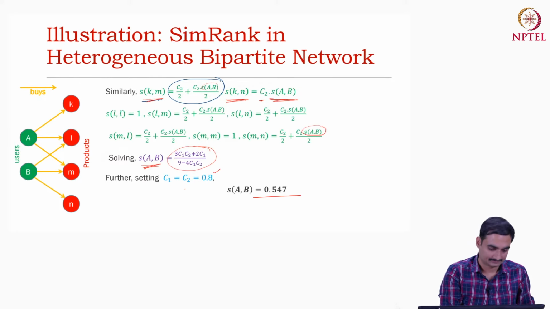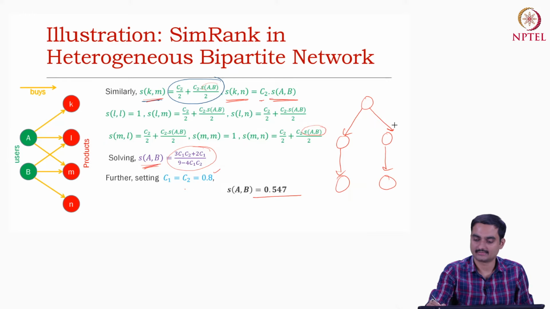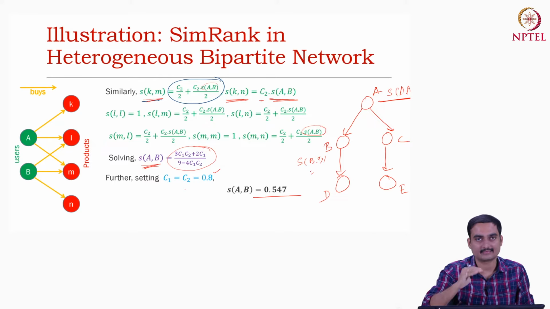Now what is this C? The C is something that allows you to, let us take an example and understand. Say this is A, B, C, D, E. So the similarity between A and A is 1. The similarity of B and C would not be 1 because this is the maximum, so it would be something lesser than 1.